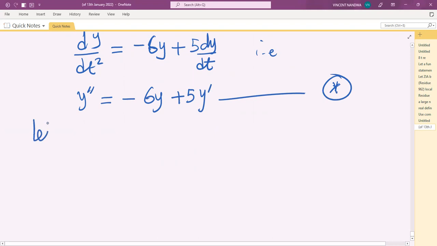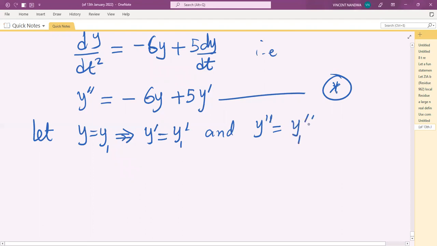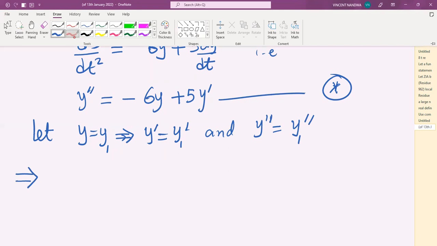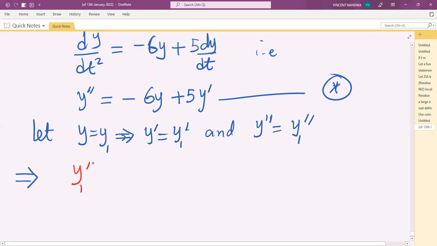Then I let y to be y1. So which means that y prime will be y1 prime and y double prime will be y1 double prime. So this implies that this star equation can be written as y1 double prime is equals to minus 6y1 plus 5y1 prime.